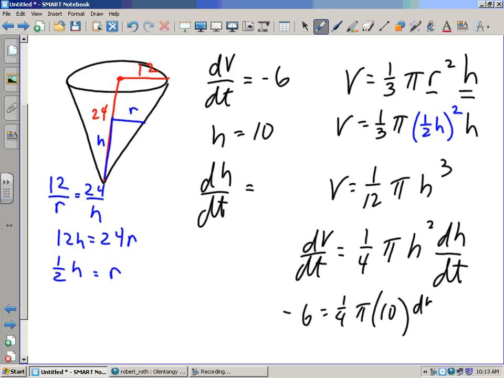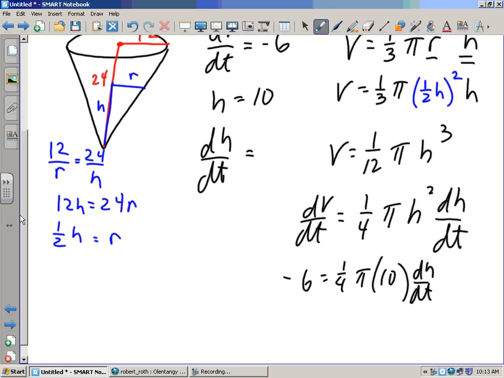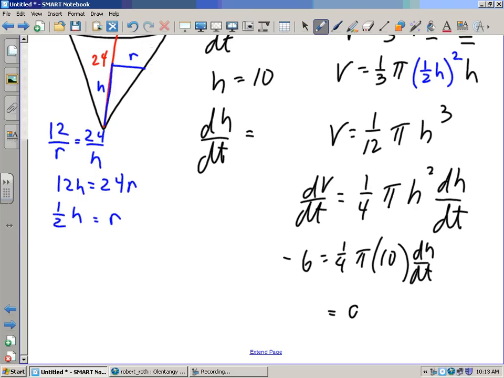And our objective was to find the rate of change of the height. Simplifying this, we're going to have 100 divided by 4, 25 pi on the right side. Divide both sides by 25 pi. We get -6 over 25 pi. And let's label our units in meters per minute.